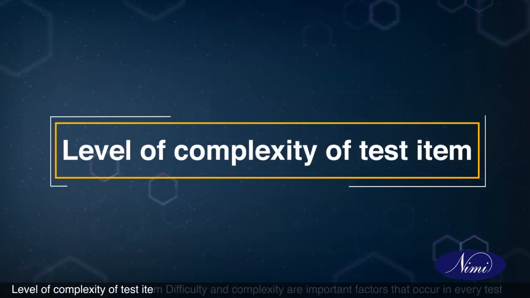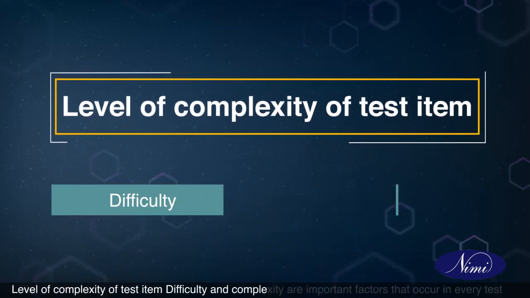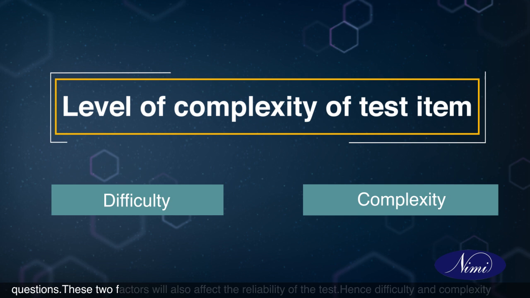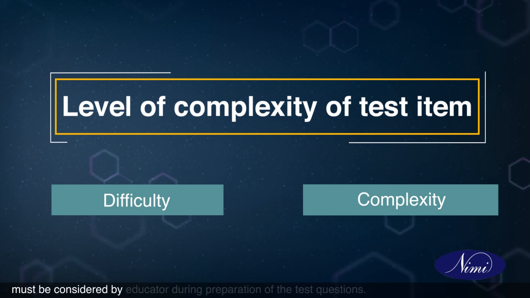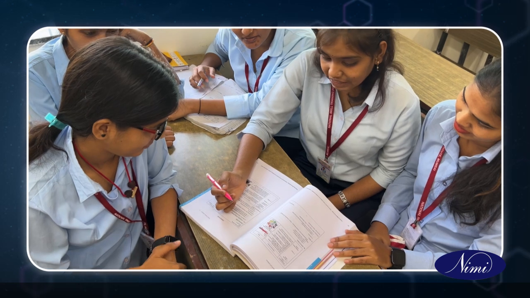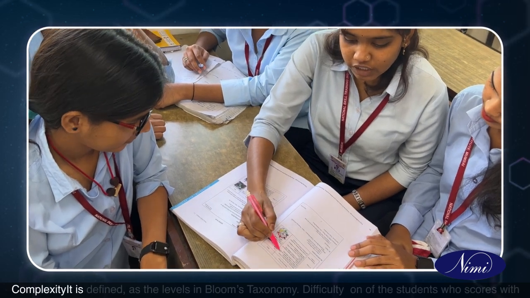Level of complexity of test item. Difficulty and complexity are important factors that occur in every test question. These two factors will also affect the reliability of the test. Hence, difficulty and complexity must be considered by educator during preparation of the test questions. Complexity.